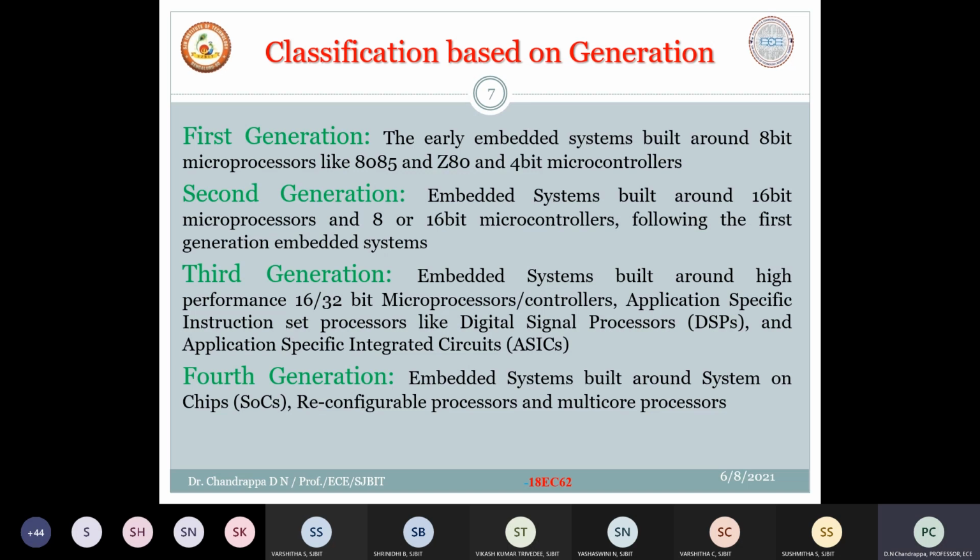So for the first generation, remember two things: 8-bit microprocessors and 4-bit microcontrollers.